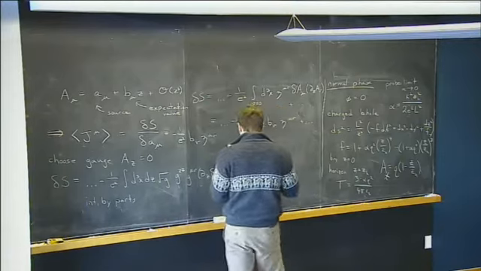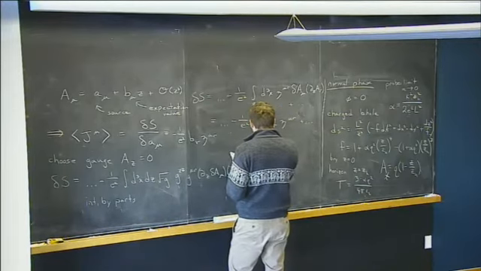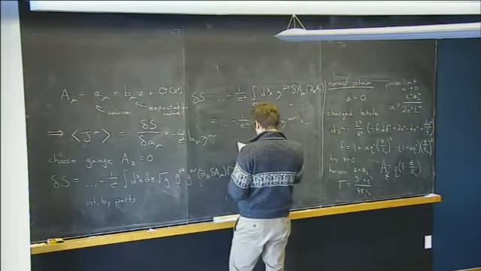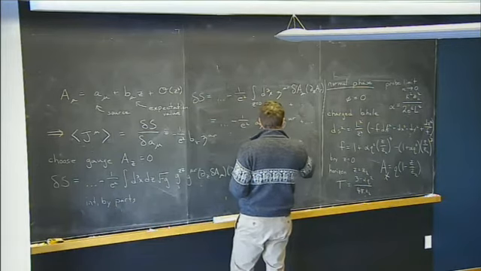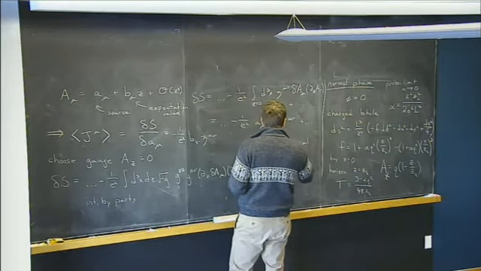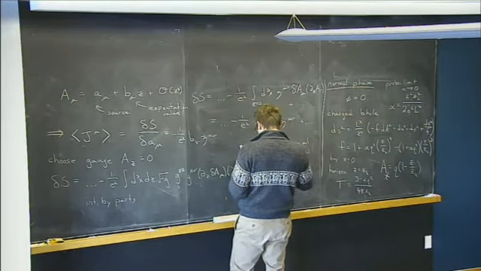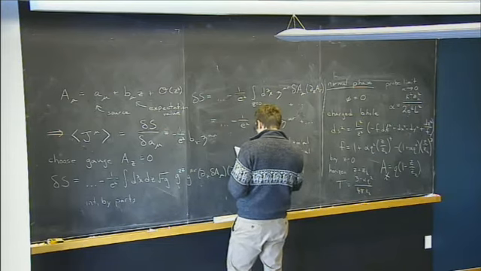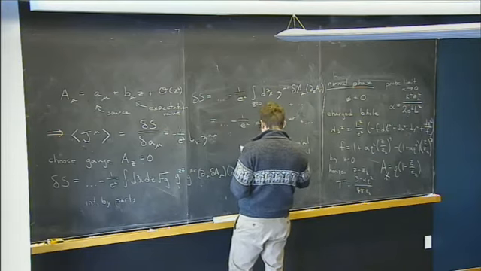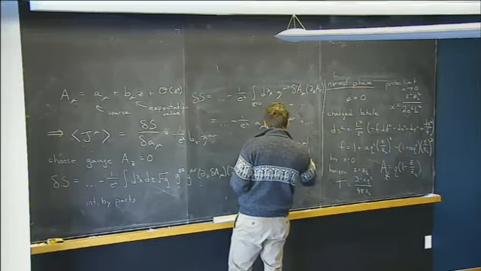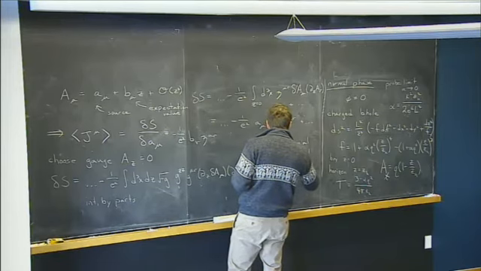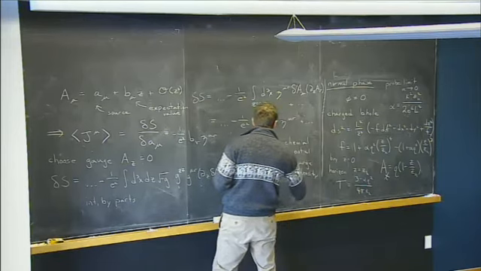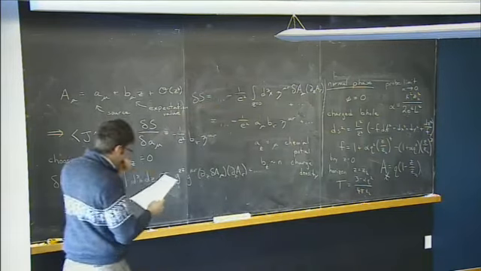Okay, so in particular now I can think about A_t as being something like a chemical potential, and I can think about B_t as being proportional to a charge density. I can be more careful about factors of proportionality if I want to.